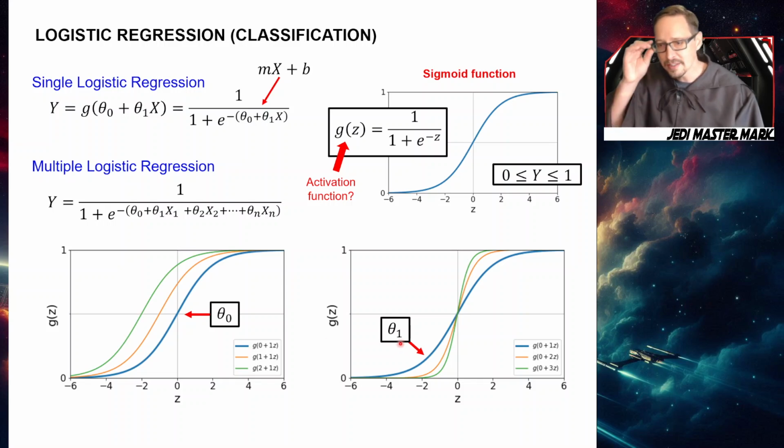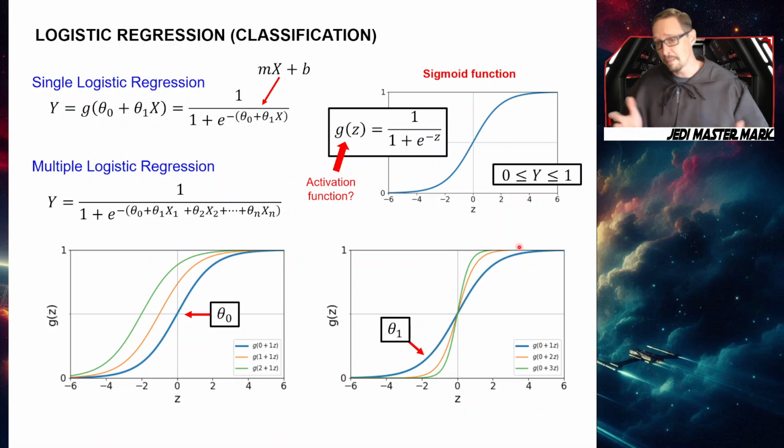Theta 1, the slope term that acts upon these input features, as you increase it, you can see it goes from a more diffuse change between 0 and 1 to one that's much more sharp.